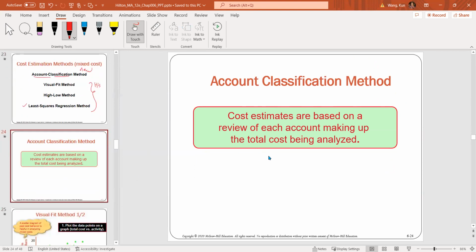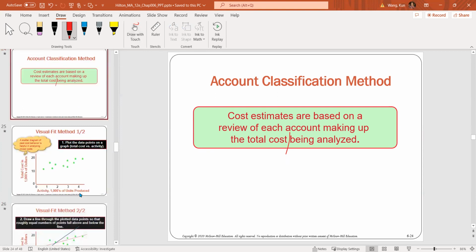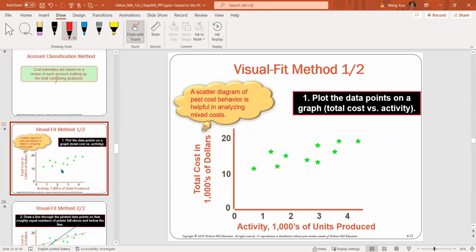And here, cost estimates are based on a review of each account. For example, the materials, labor, or the different types of overhead are analyzed as variable or fixed. And then the visual fit, that's normally the scatter plot we talk about in statistics.